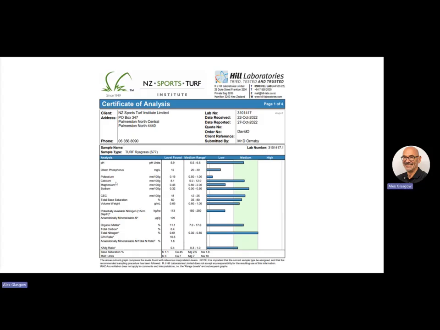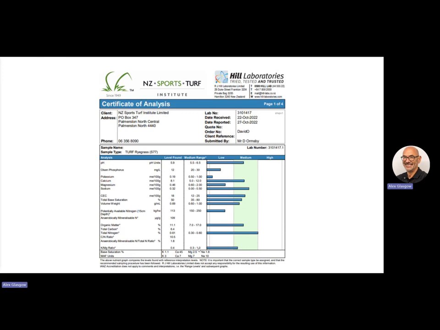Down here, then we have potassium, calcium, magnesium, and sodium. These are cations. I'm not going to talk much about these today, but the main point here is that you can see here the units. This is milliequivalents per 100 grams. But also down here, you can see some more results for these same cations. You've got base saturation and MAF units.